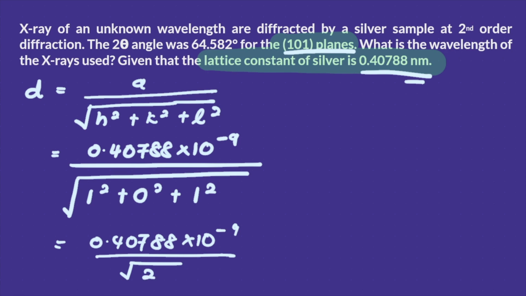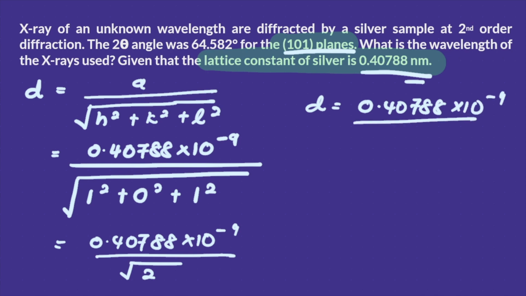Right? So you will get the value of d is equivalent to 0.40788 times 10 to the power of negative 9 divided by 1.4142. Hence, your d is equivalent to 2.8842 times 10 to the power of negative 10 meter.